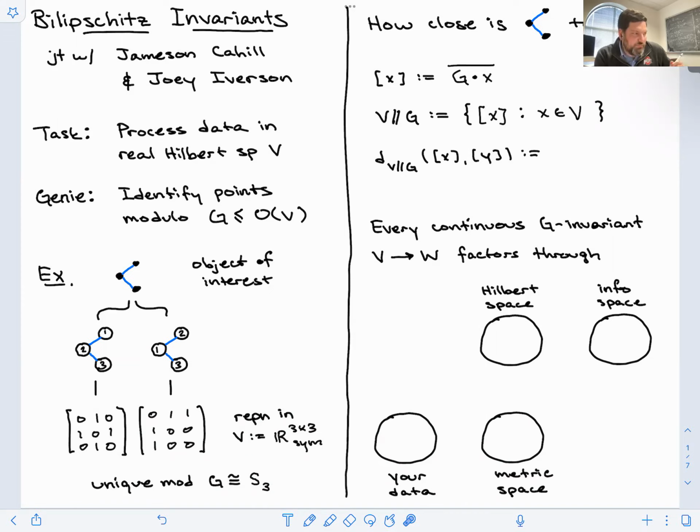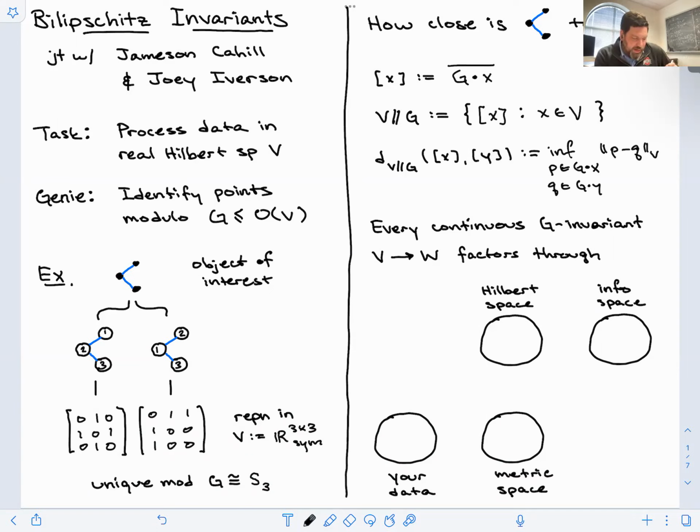The pseudo metric will identify different orbits possibly, and so we just glue those together, and it turns out that since our group acts as isometries, it suffices to just take this topological closure. So the metric we end up with can be expressed pretty tidily in terms of the orbits. You take the infimum of the distance between representatives of those two orbits.